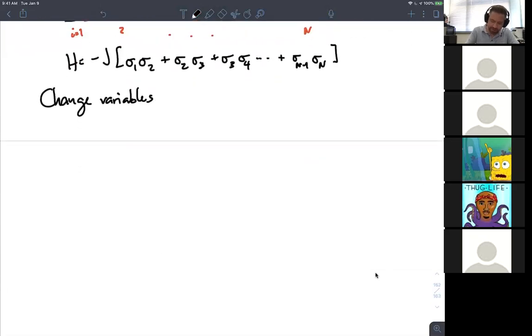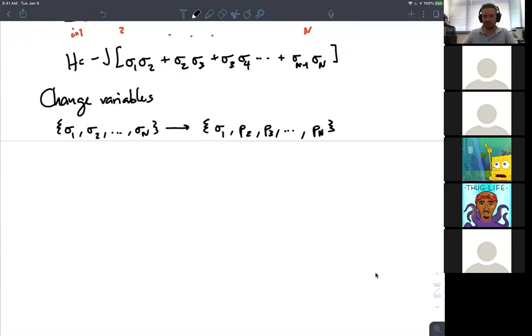Our variables currently are our set of spins. And the variables we were going to change into were these variables we called P2, P3, all the way up to Pn. The way that we defined P2, for example, is simply sigma 1 sigma 2. P3 is sigma 2 sigma 3, etc.